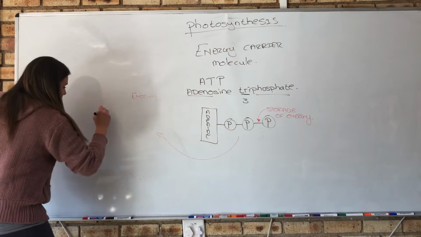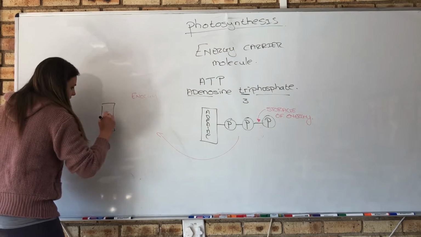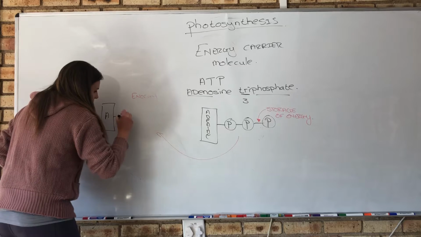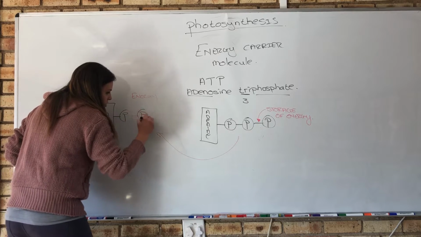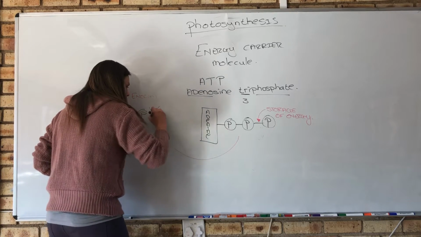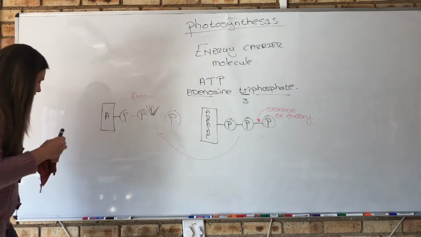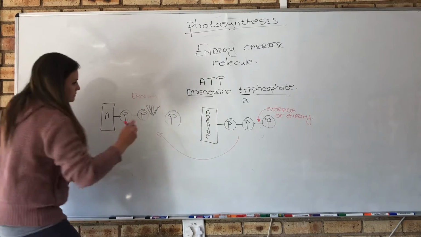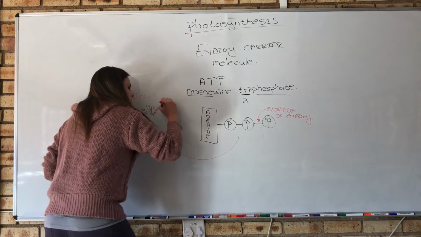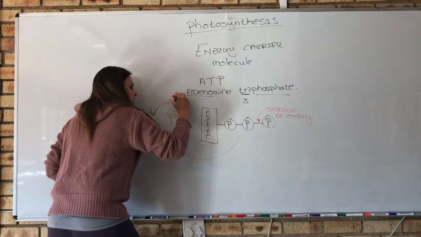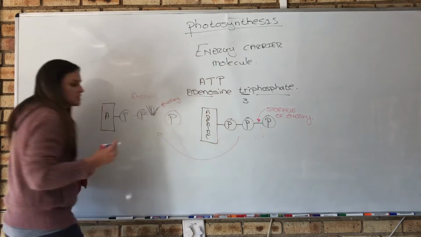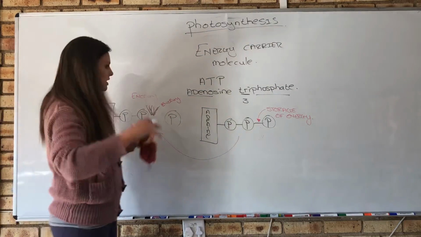So it becomes adenosine, our adenine, and then two phosphates, and when that bond breaks, there's a release of energy. This bond has now broken, and what is being released? Energy.